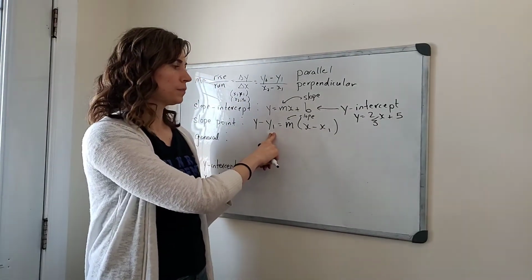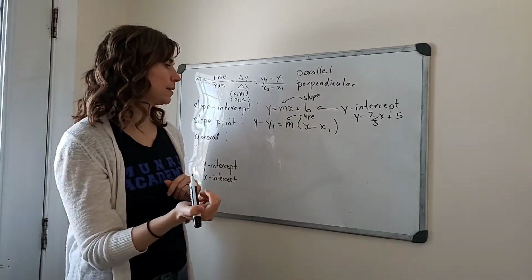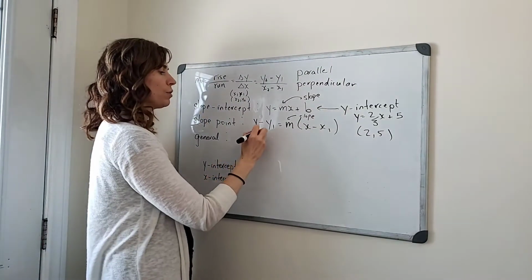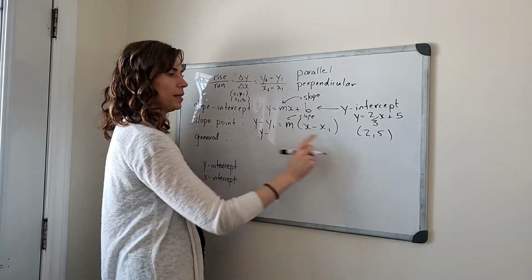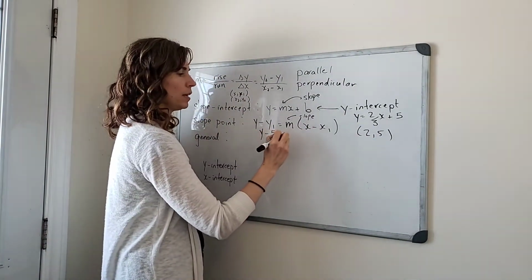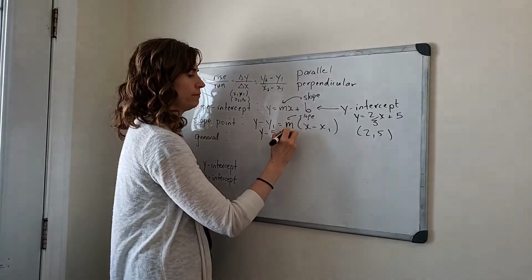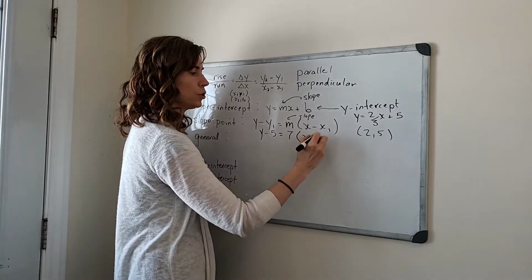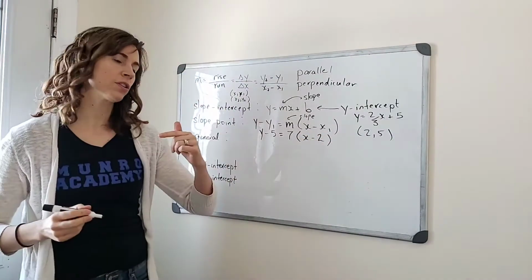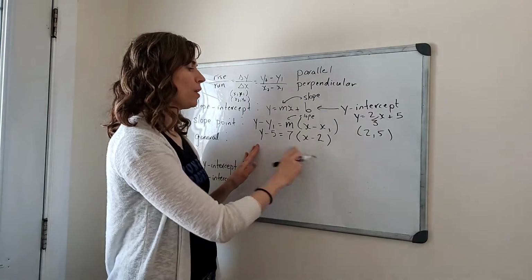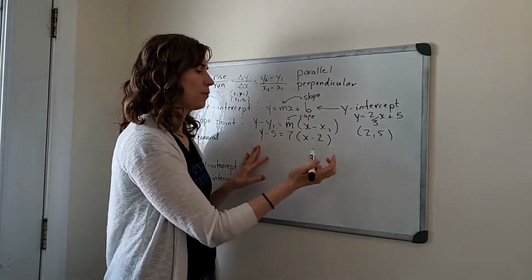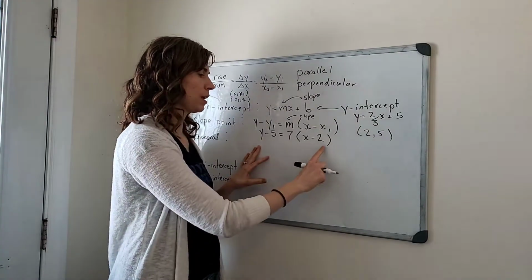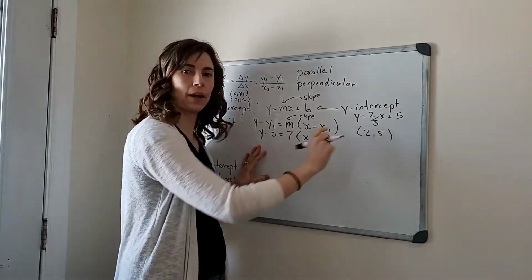So if you had the point 2, 5, for example, you could fill it in like this: y minus 5 equals, let's say we know the slope is 7, bracket x minus 2. And conversely, if we want to find a point on this line, the point would be 2, 5. Remember it's the opposite when you're taking the point back out.